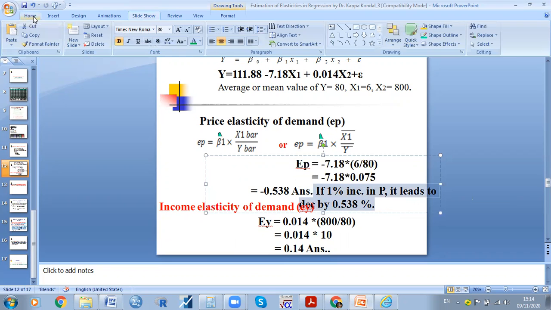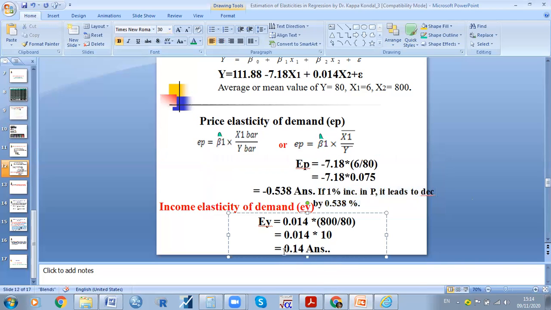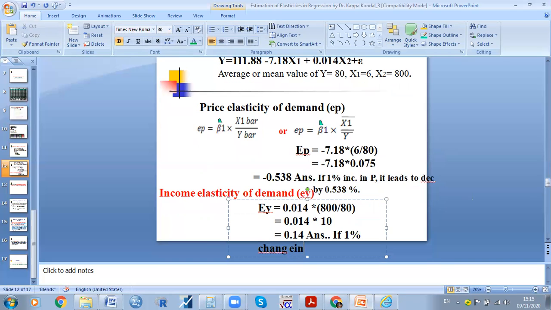Now see here, 0.14: it means that if there is a 1% increase in consumer's income, it leads to an increase in demand by 0.14%. There is a positive relation here, whereas for price there is a negative relation. As per the law of demand, there is a negative relationship between the price of a commodity and the quantity demanded, whereas income and demand have a positive relationship.